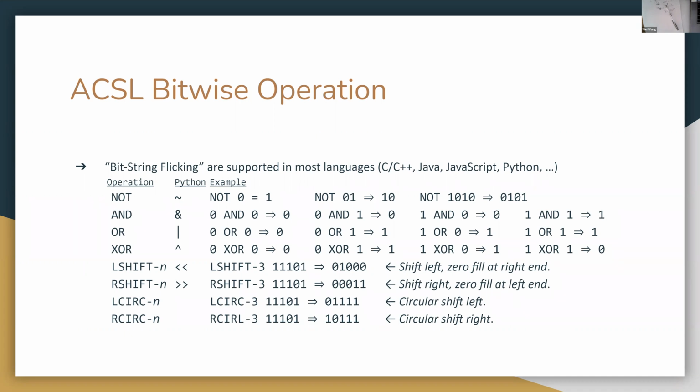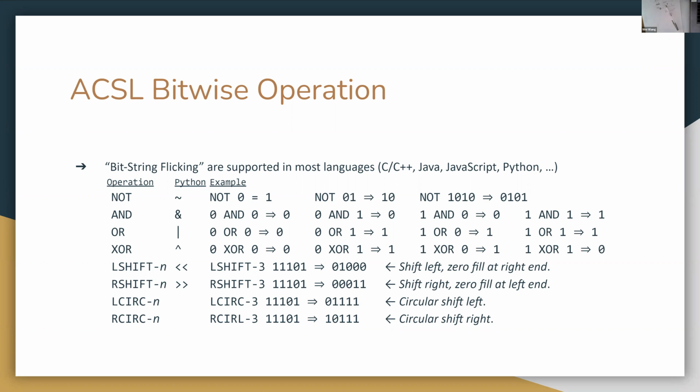In ACSL, you're actually just dealing with bits. So there's nothing about sign or anything. You can just consider this all unsigned, meaning that you always have zeros on the end when you do shifts.